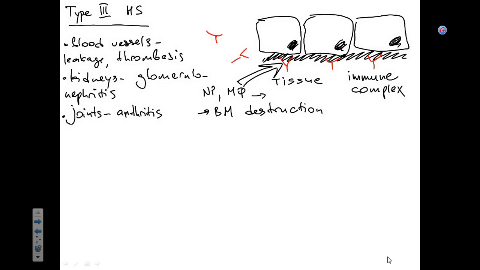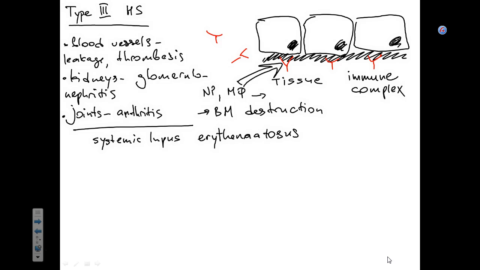Now, those are not the only symptoms, but those are notable, very common symptoms of the disease that you may know as lupus, or systemic lupus erythematosus. So that's the typical example of type 3 hypersensitivity, when immune complexes are formed in the basement membranes of epithelia all around the body. Okay? Does that make sense?